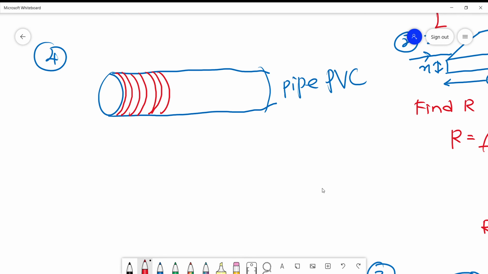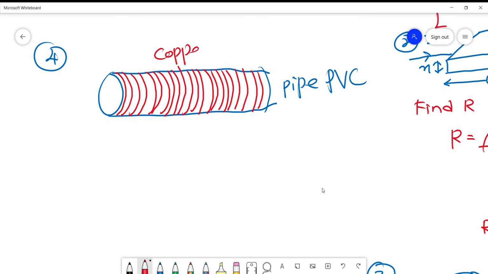Let me just draw it slowly. Okay, so this is the PVC pipe that's surrounded by the copper wire.